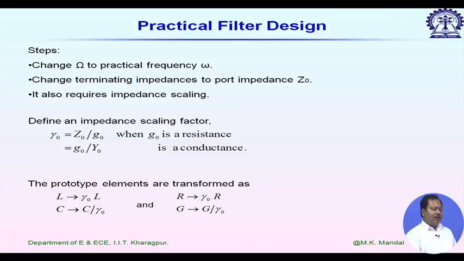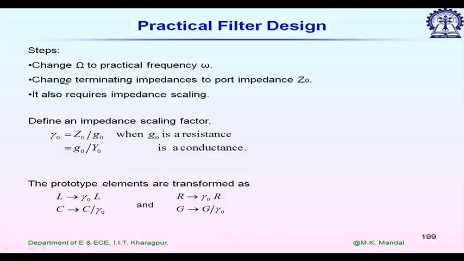Now, practical filter design. Let us say we already have the required g parameters. We have to find out the actual L and C values, because the g parameters are normalized values given in the chart. For that we have to use some sort of impedance transformation. Next, we have used omega c equal to 1, which is again a normalized value, so we have to use one transformation for our required fc.